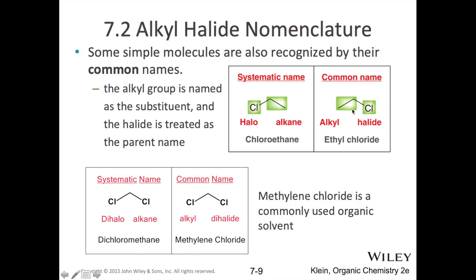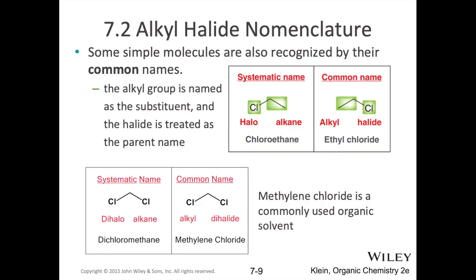We take the chlorine, which is our root word here, we take the chlor, and we add "ide" to it. The carbon-containing part is now treated as the substituent. That means instead of being considered an alkane with something attached to it, it is considered an alkyl group. Remember, that's the substituent form of an alkane.